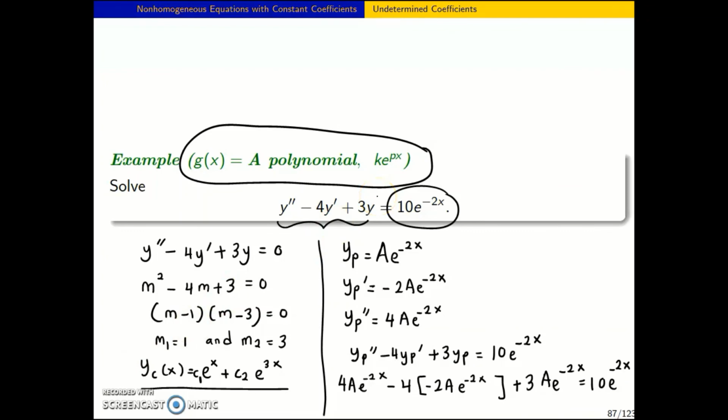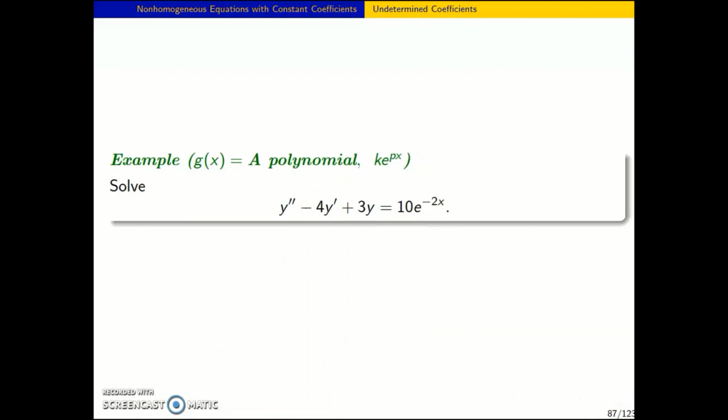Let me simplify first. I have 4A e to the negative 2x plus 8A e to the negative 2x. So 4 plus 8 is 12, 12 plus 3 is 15A.